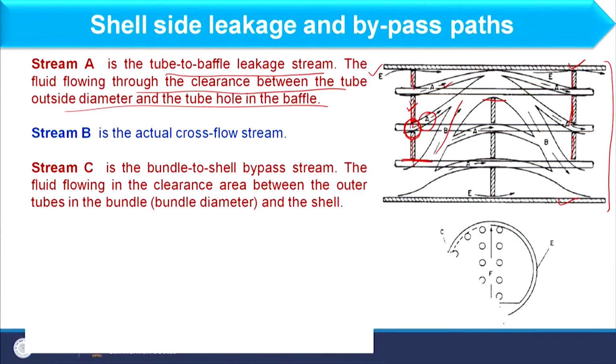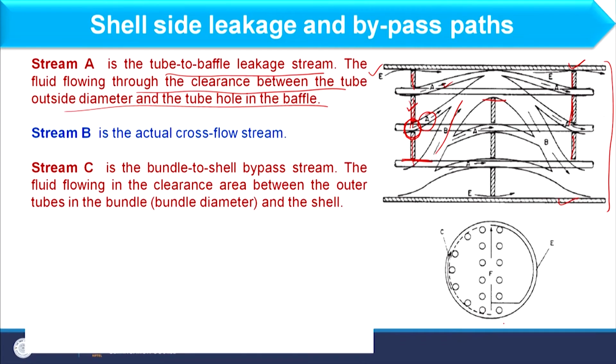So, you can understand that Kern's method only addresses stream B, but only at the center of the exchanger, not in the whole cross flow area between two baffle tips. So, Kern's method considered this stream B with a limitation. So, that is stream B. Now, we can have stream C.